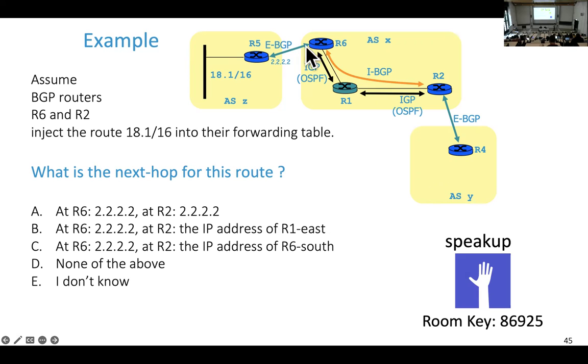So for R6, it's easy, right? For R6, the next hop is 222.2, which is an on-link interface of R6. The question is really about R2, whether the next hop is here or is still the 222.